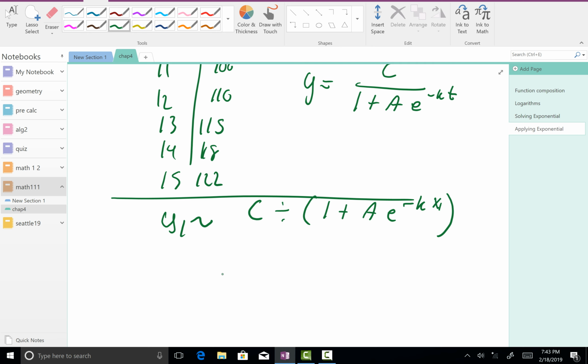We could also just divide these two, and that would give us b. So when you divide those numbers, the constant numbers, that's giving you b.